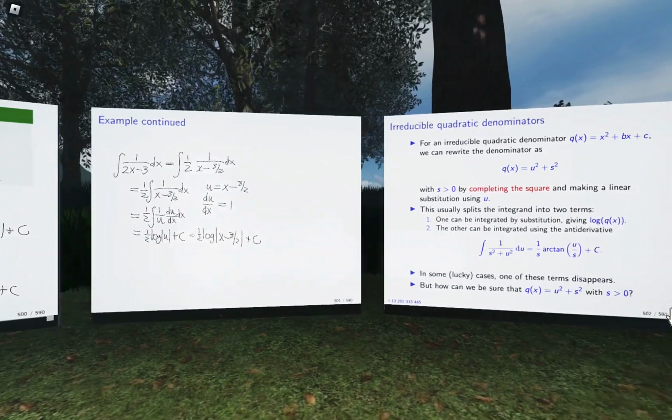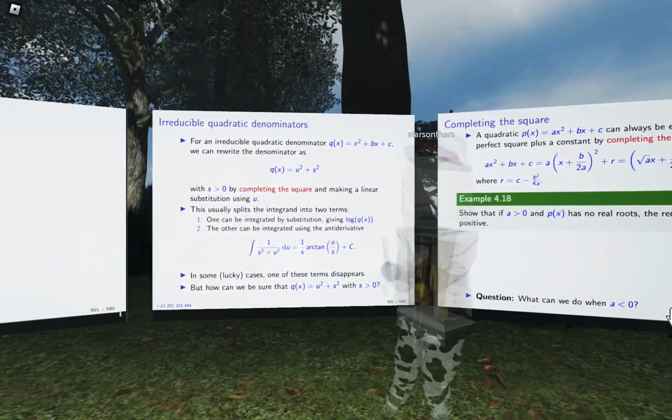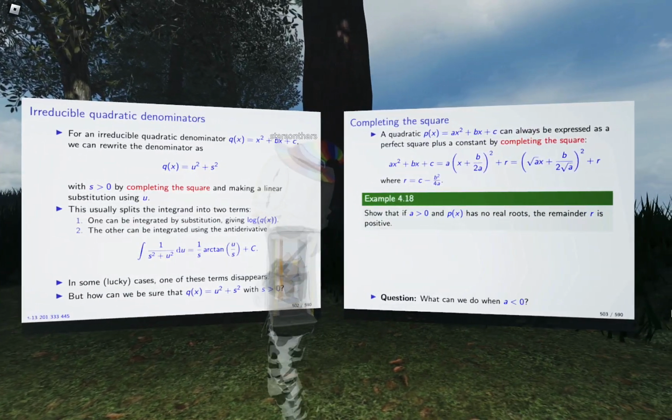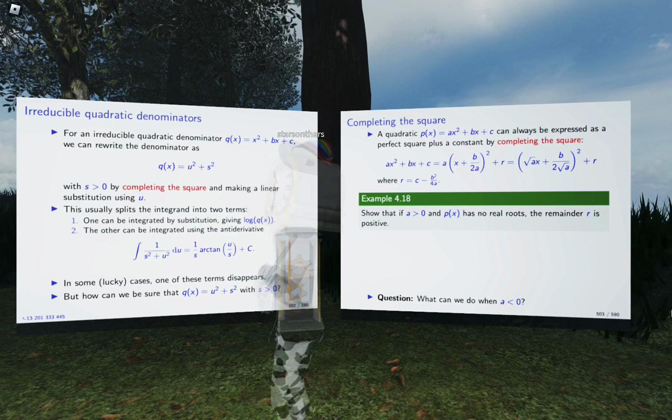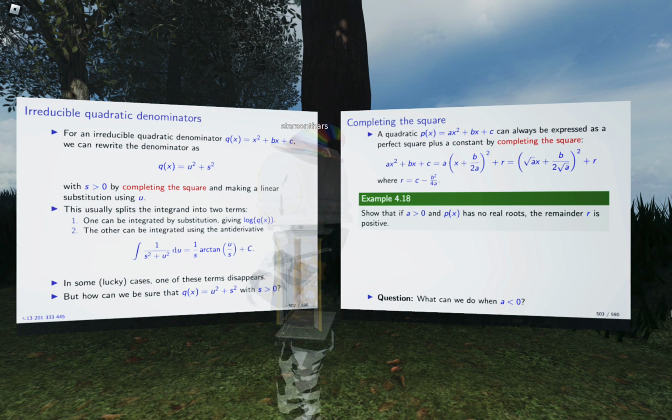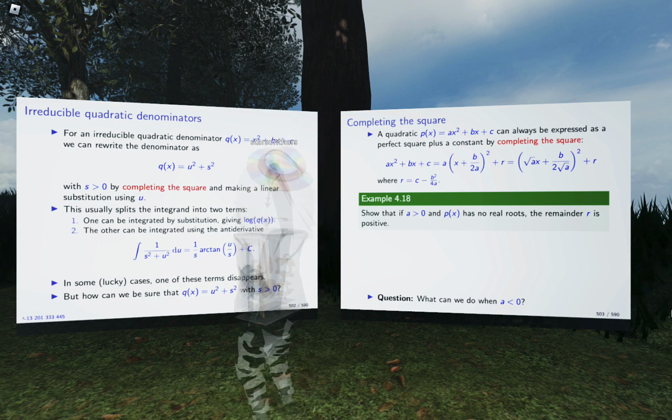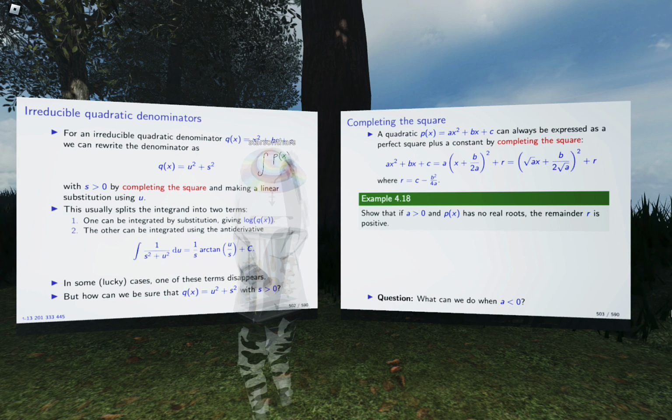All right. So moving on. So we're going back now to the general problem of integrating rational functions. So we're going to talk about this.